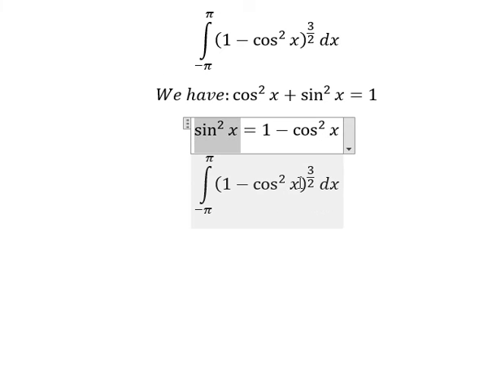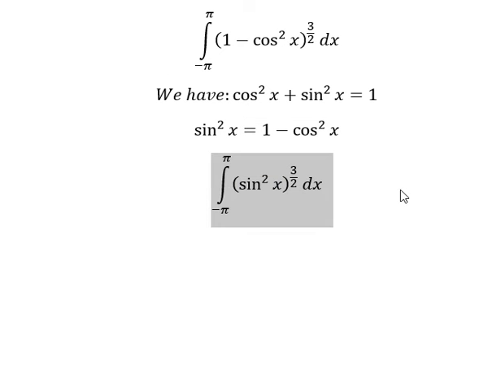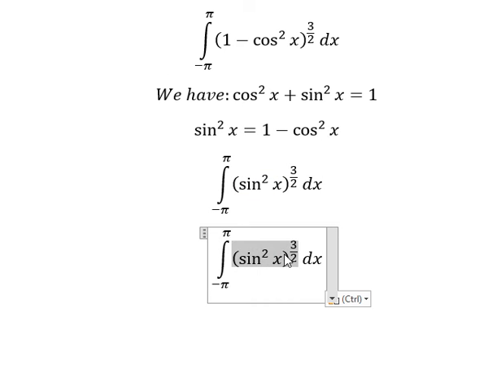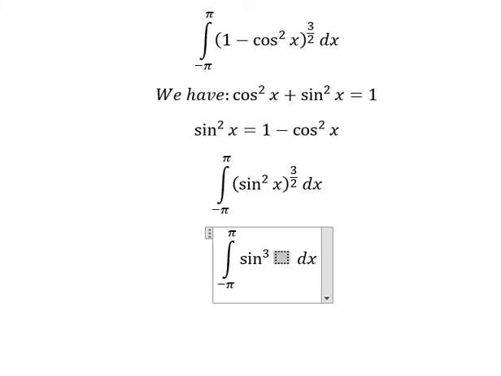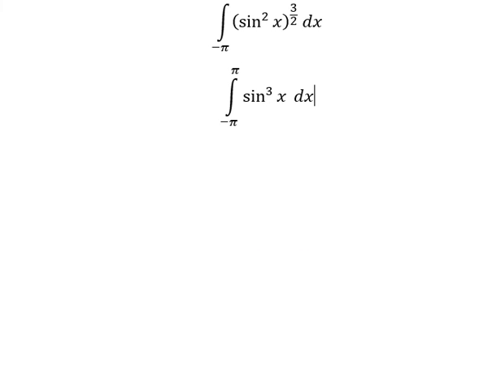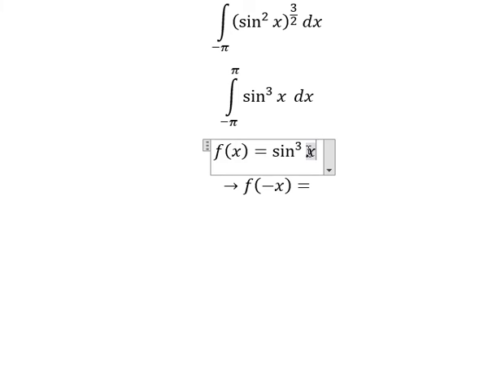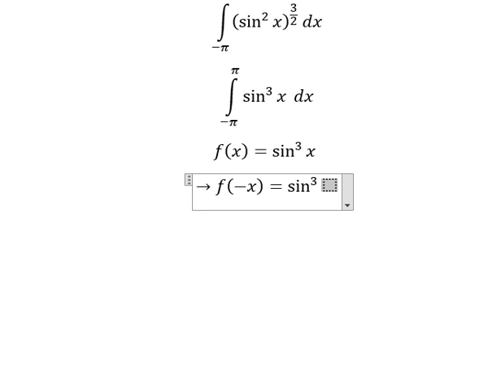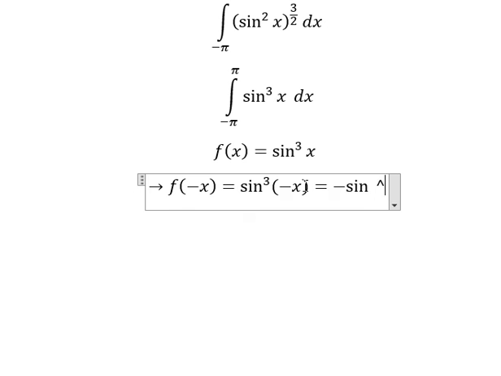So I will put this one in here. This one we have sine s to the power of 3. Now I will put f of s equals sine s to the power of 3. Now if I put f of negative s, so I will put this one in here, you get negative sine of s to the power of 3.